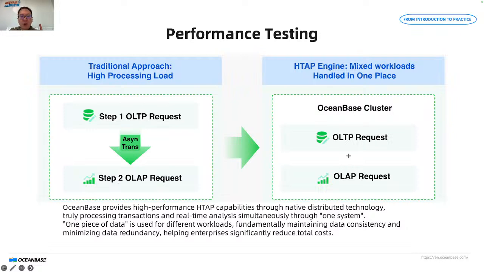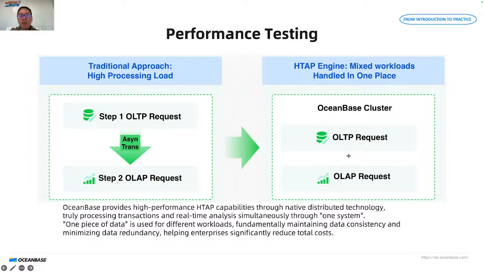In the actual production process, various failures are often caused by data synchronization delays or synchronization errors. In order to solve such problems, OceanBase provides HTAP capability, allowing us to support both OLTP and OLAP scenarios using a single dataset.